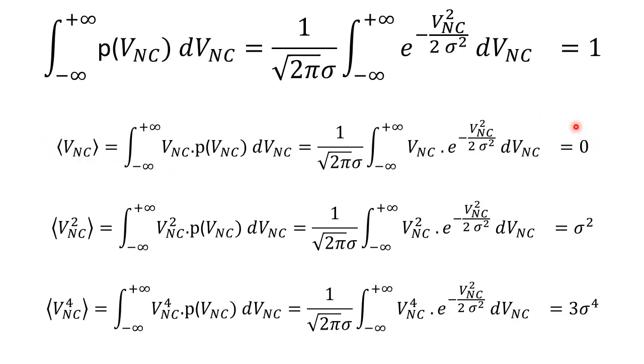Now one might ask, what about the average of the square? Certainly, you will see that the average of the square of these VNC, which are fluctuating in time, cannot be sitting at 0. So you can actually calculate the average of VNC square.